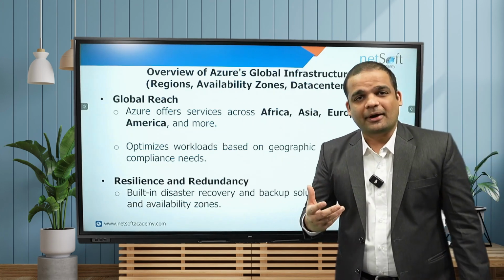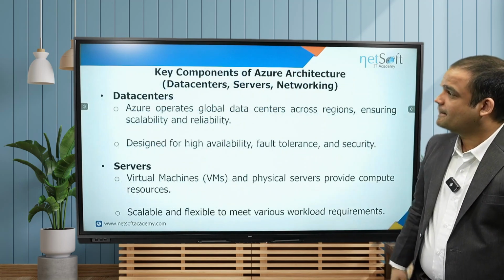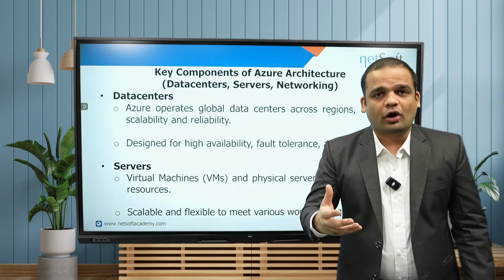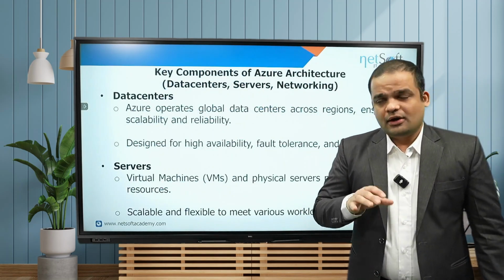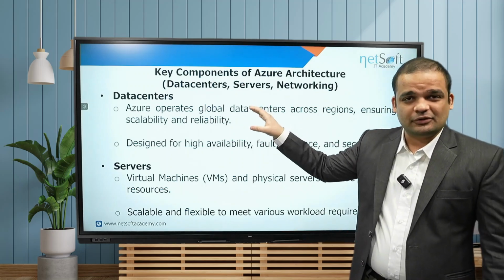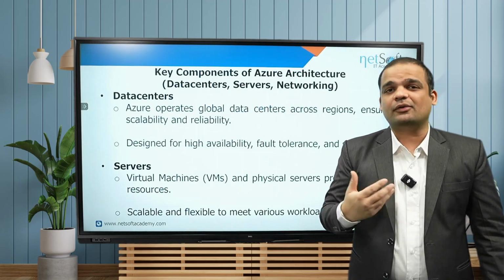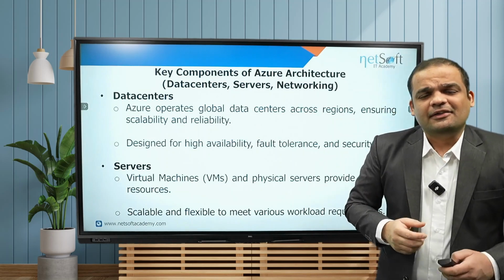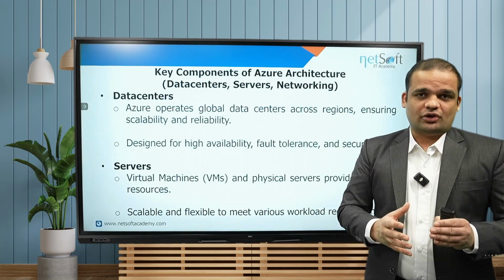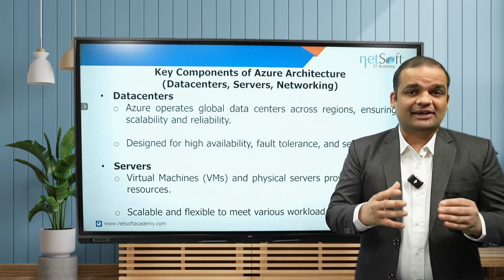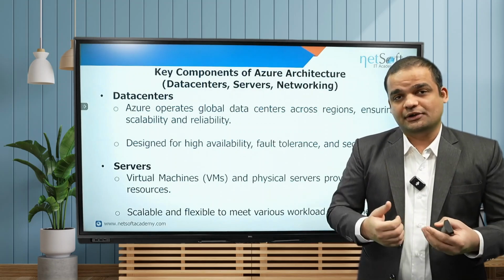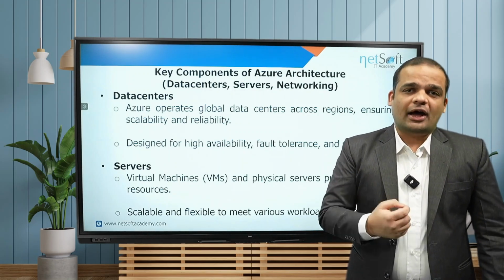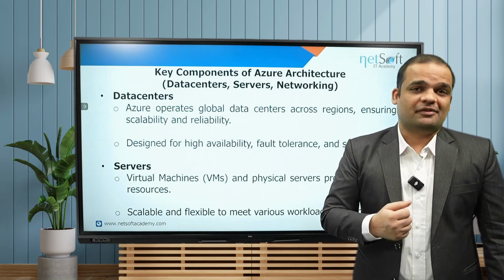Now let's talk about some key components of Azure architecture. Remember, some of the points will be repeated. That will be a recap for you. Azure's architecture is composed of several key components that work together to deliver reliable and scalable cloud services.